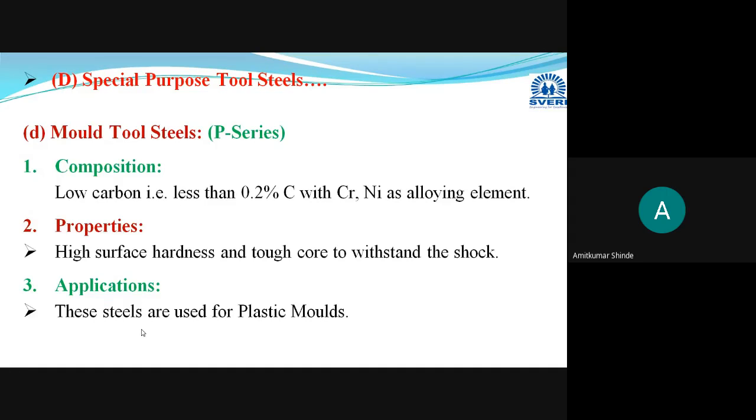The last type is special purpose tool steel. The first type is shock resisting tool steel, denoted by S series, then low alloy tool steel denoted by L series, then carbon tungsten tool steel denoted by F series, and mold tool steel denoted by P series. In this way, the tool steel point is completed.